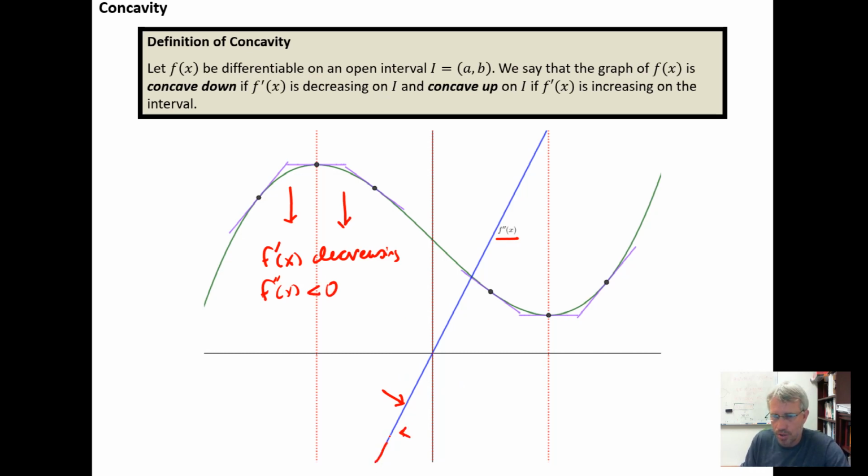So this whole region through which the second derivative is negative corresponds to the derivative decreasing, or a concave down graph. So if the second derivative is negative, I know the graph is concave down.